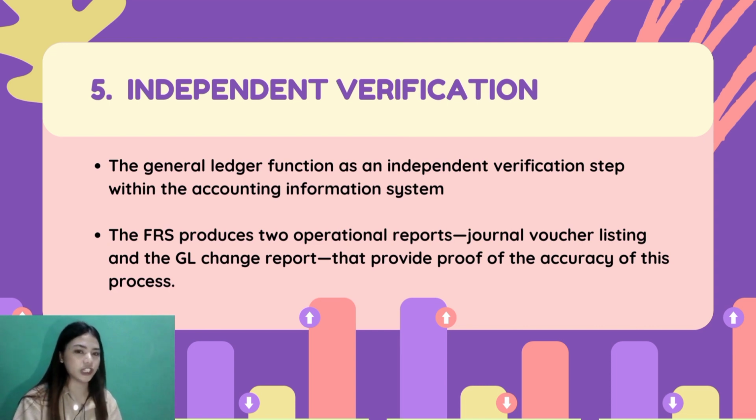So, the general ledger functions as an independent verification step within the accounting information system. And the FRS produces two operational reports, the journal voucher listing and the general ledger change report, that provide proof of the accuracy of this process. And the journal voucher listing provides relevant details about each journal voucher posted to the general ledger.